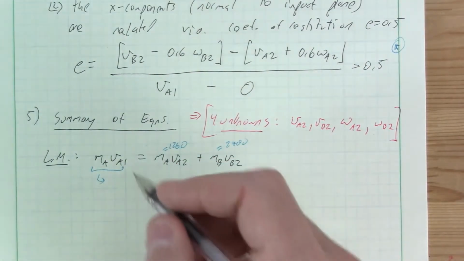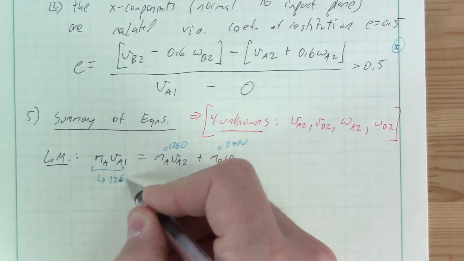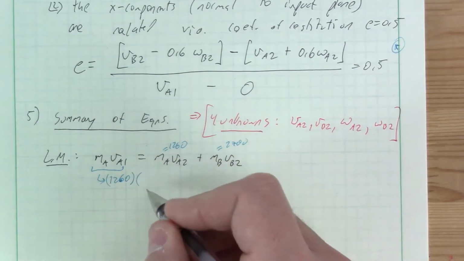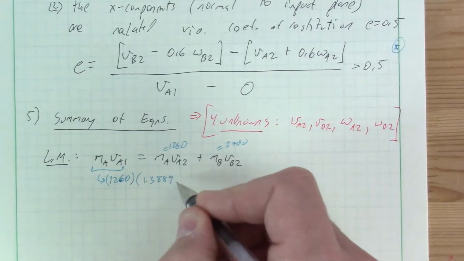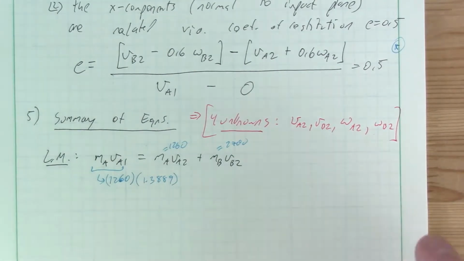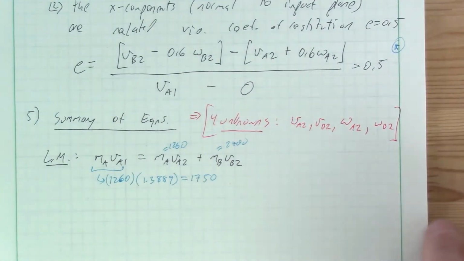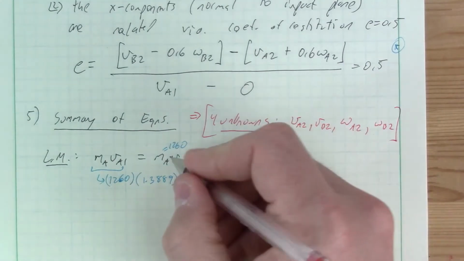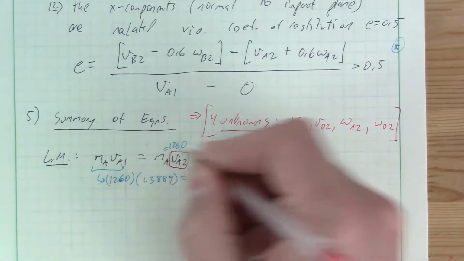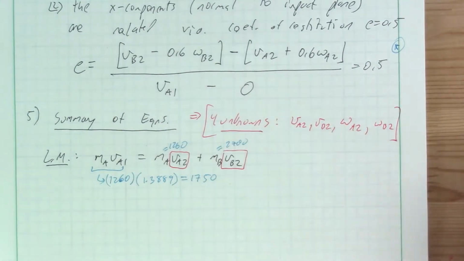This is 1260 kilograms times 1.3889 meters per second after we convert it, since it was given as 5 kilometers per hour. So those are all known. In fact, this number is 1750. And here are our unknowns, where we know everything else.